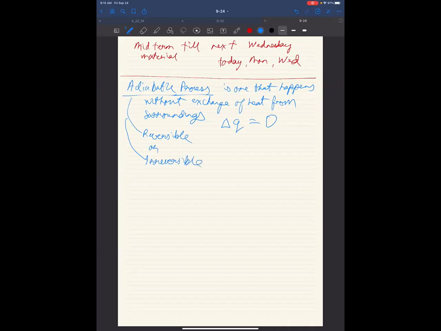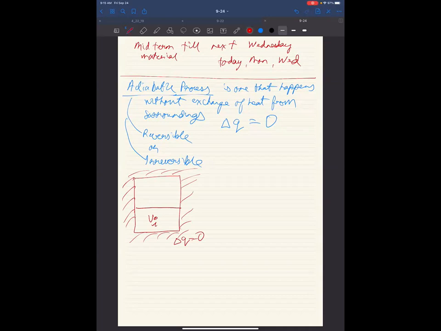It could be either. So let's try to visualize how this looks. So we have something that is thermally insulated. So delta Q is equal to 0. And in it, you have a gas, which is at volume V_I. And something is going on inside.